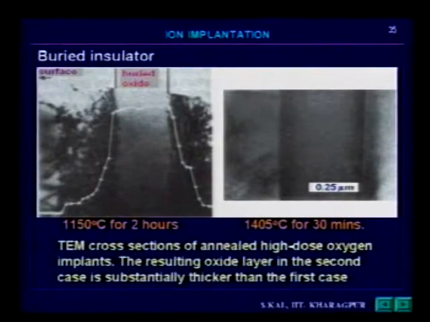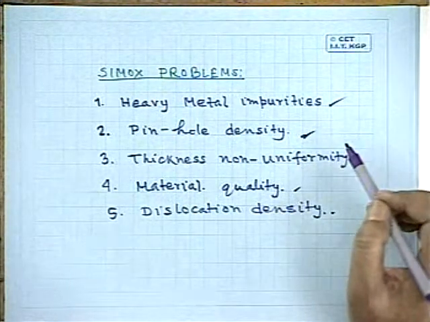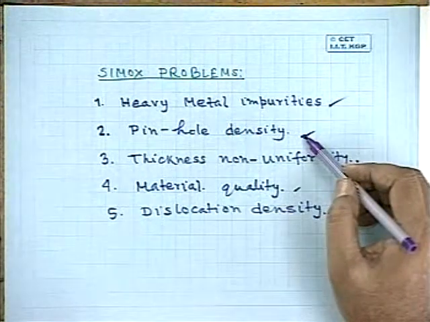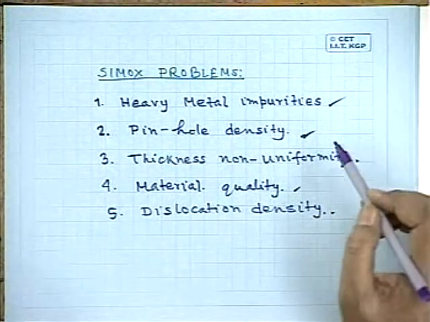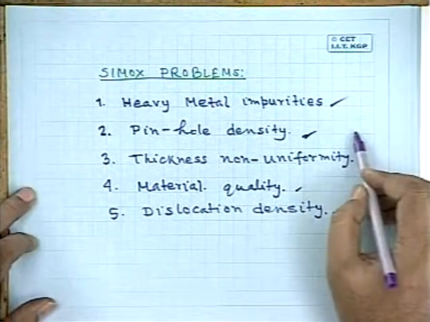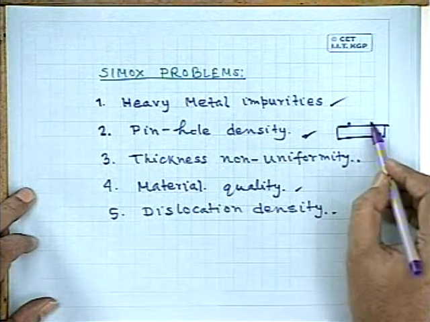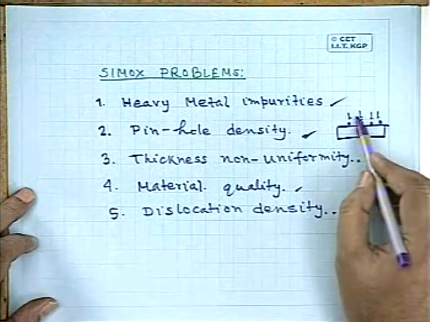Okay. The next problem is the pinhole density. The pinhole density arises due to the presence of particles on the surface, and those particles screen the oxygen implant. If this is the silicon surface, and there are particles here, those particles will prevent implantation, and implantation is done elsewhere.